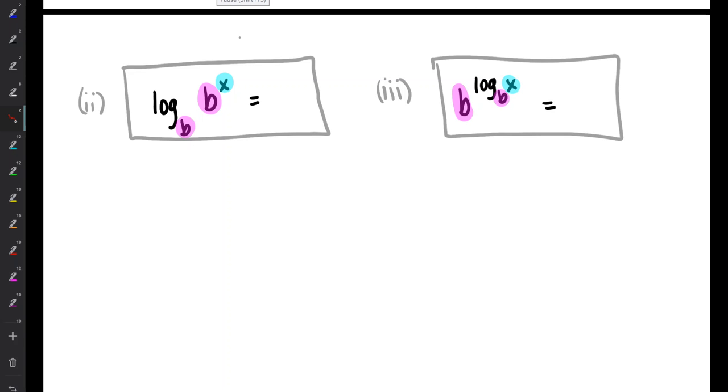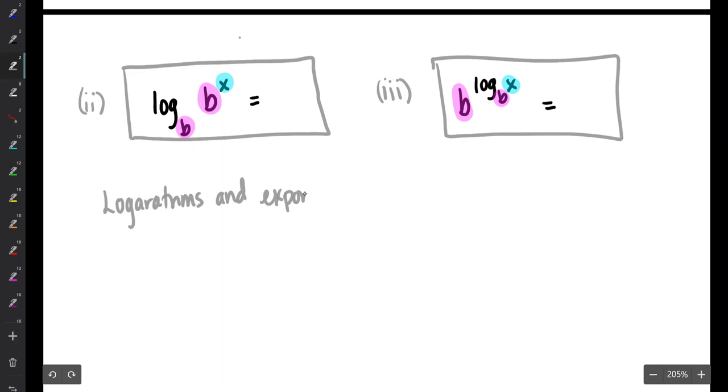In this video, we are going to talk about two properties of logs and exponentials that actually go hand in hand. And really, all they are saying is that logs and exponential functions do and undo each other.